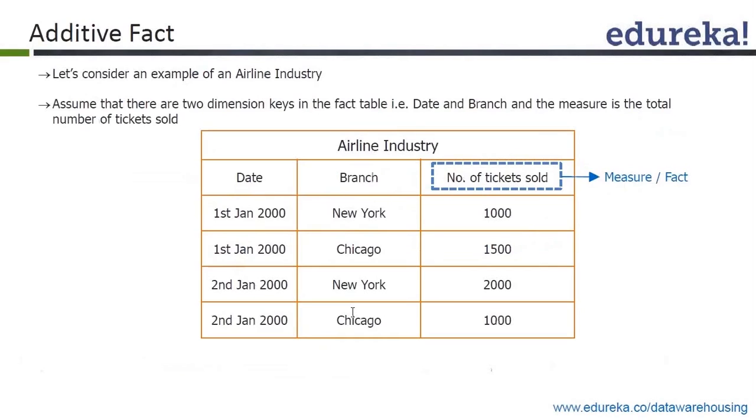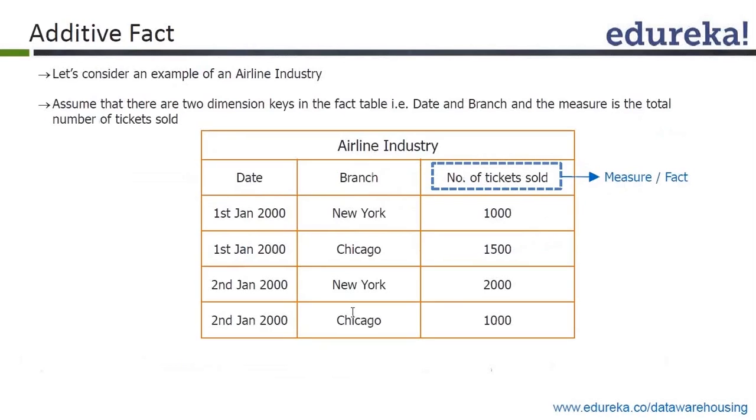The example shown here is the airline industry. The table you see here is an airline industry table where they note down date, branch, and the number of tickets sold on that date in that branch.